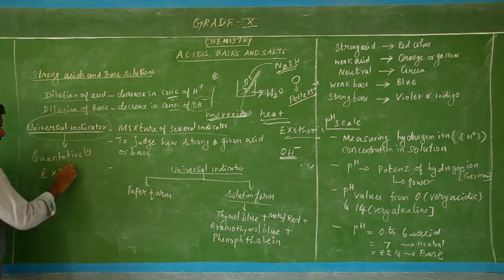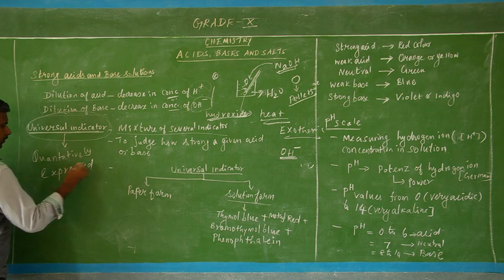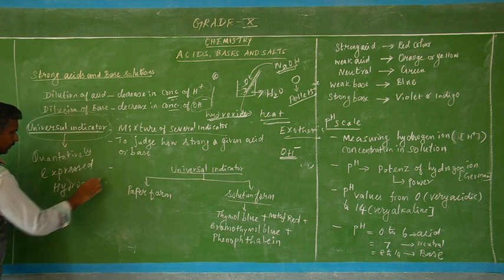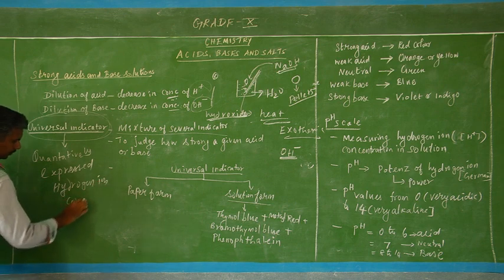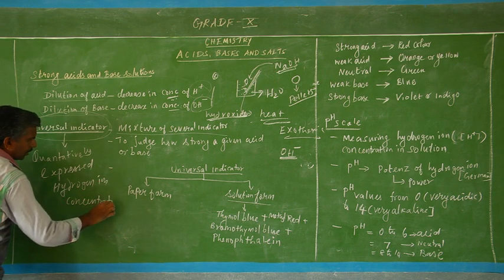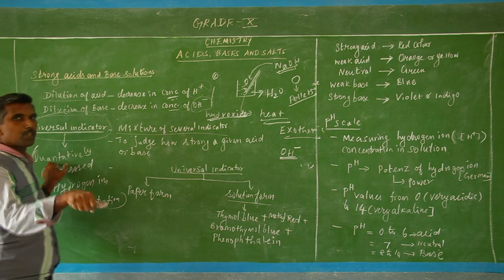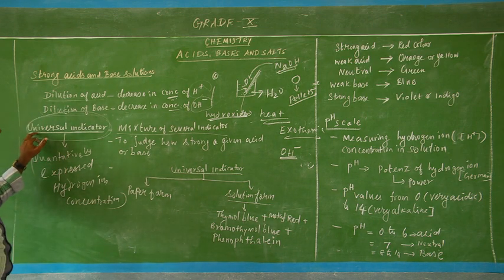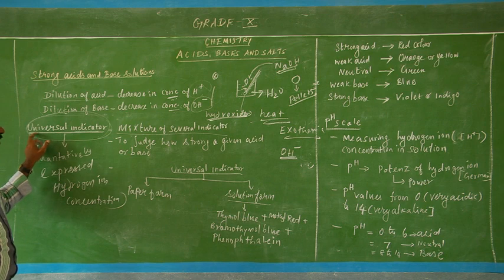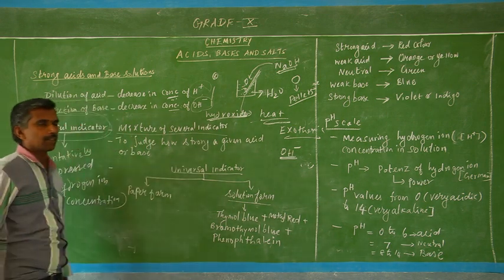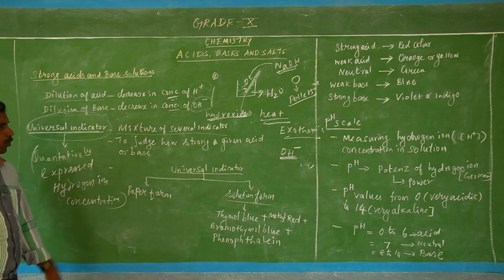The use of universal indicator is that it quantitatively expresses hydrogen ion concentration, how much H+ ion is present. What are its uses?